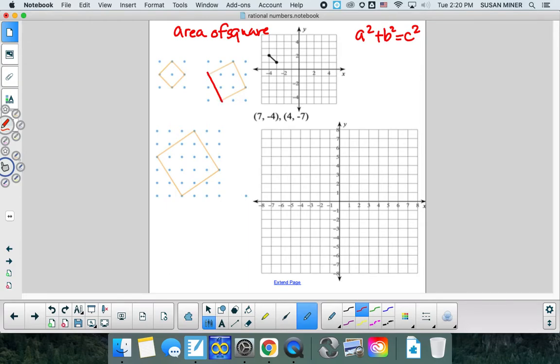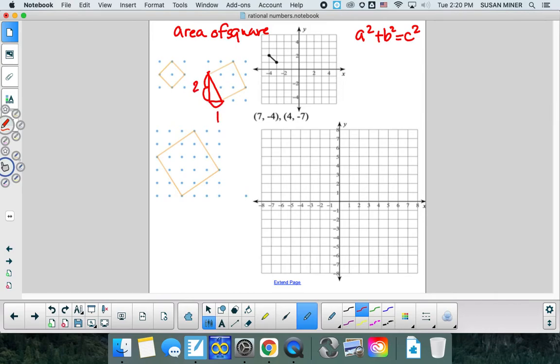How long is it? How many centimeters or how many inches, right? And the way that we do that is we draw in a right triangle. We say, okay, the side of a square can be turned into a right triangle. And I can count how many boxes long each side is, right?